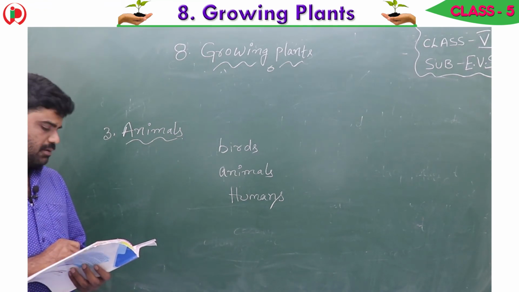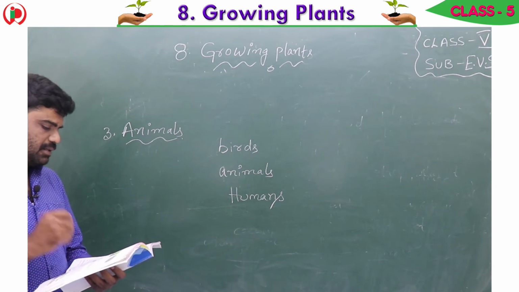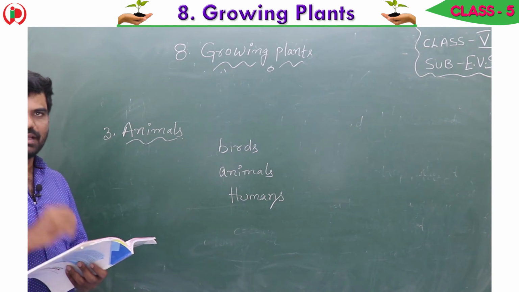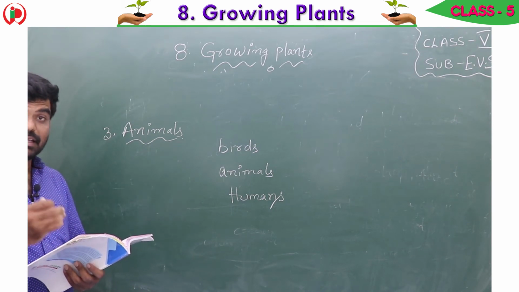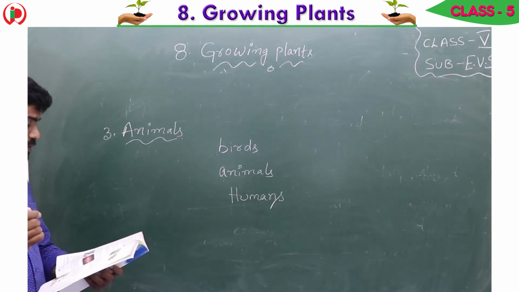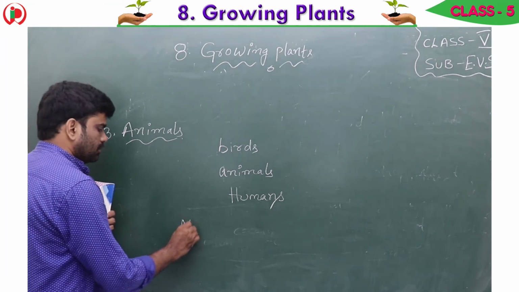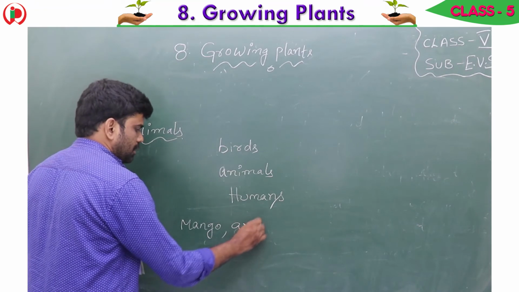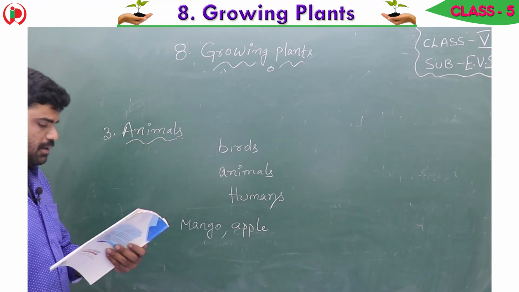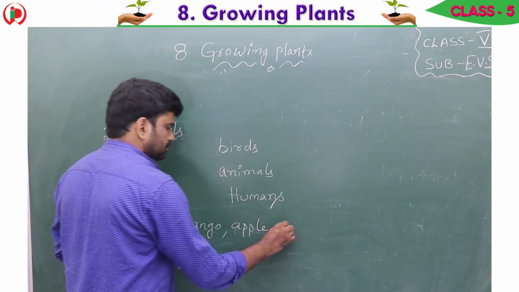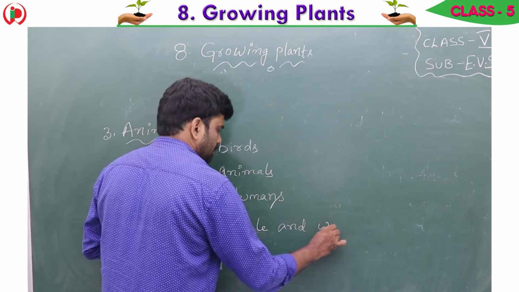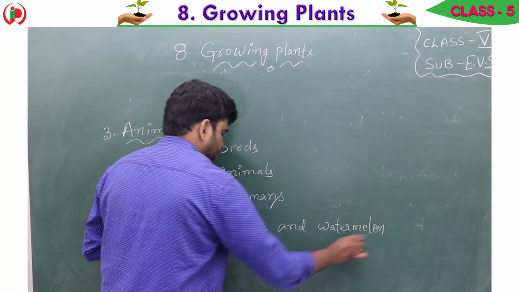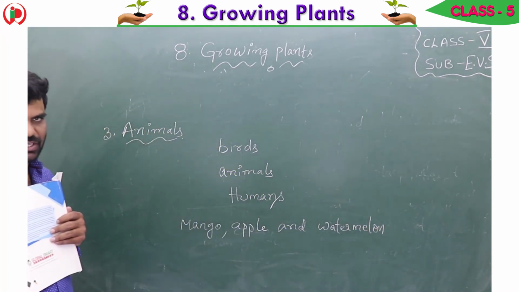First one, see children, humans and animals eat juicy and fleshy fruits. The human beings and even the animals eat juicy and fleshy fruits like mango, apple and watermelon. Mango, apple and watermelon. These are juicy and fleshy fruits, children.